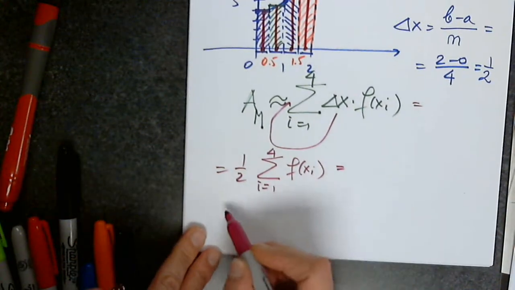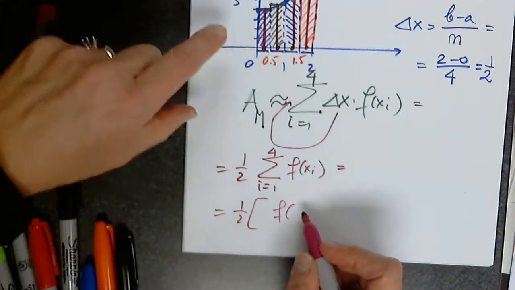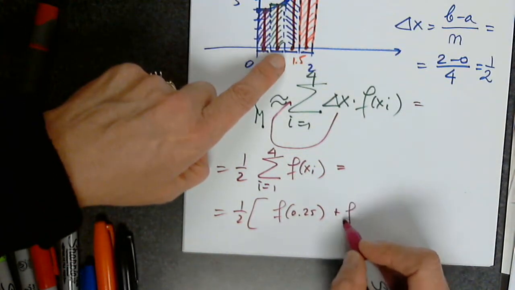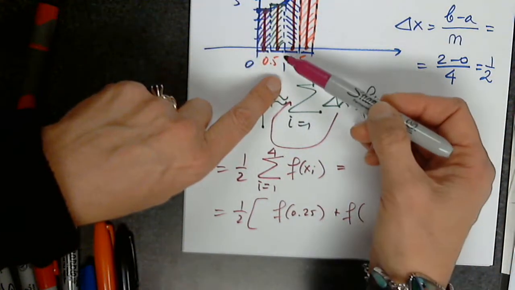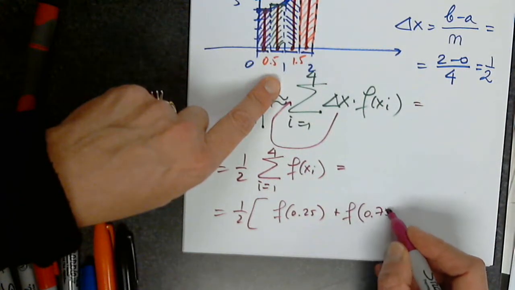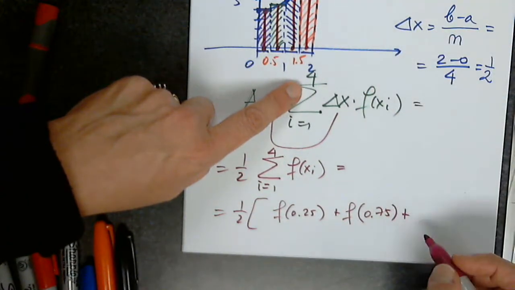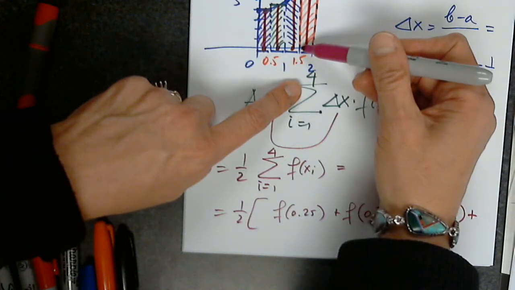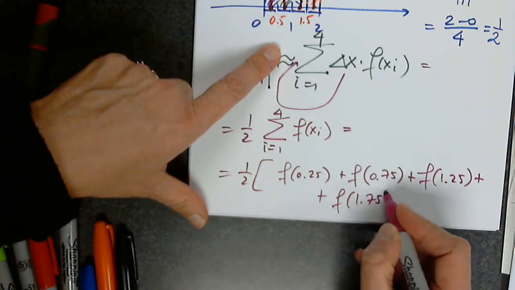So 1/2 times f of 0.25 plus f of 0.75, right in the middle between 0.5 and 1, plus f of 1.25, right between 1 and 1.5, plus f of 1.75, between 1.5 and 2.